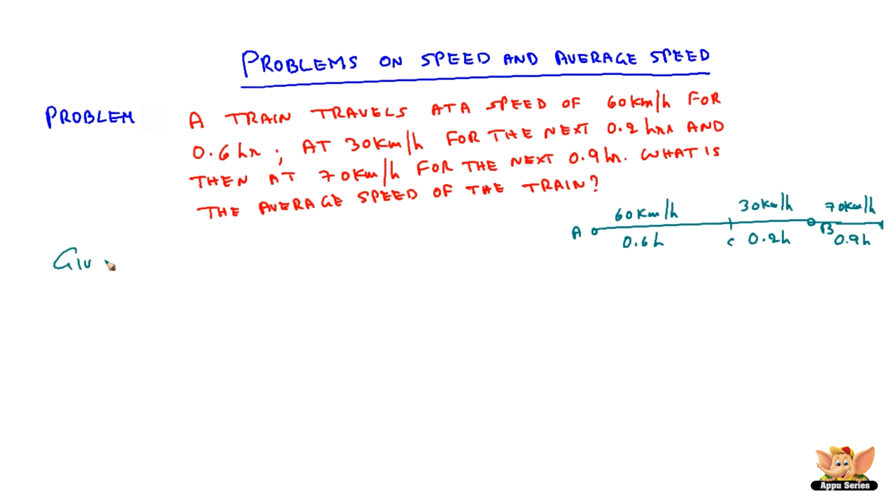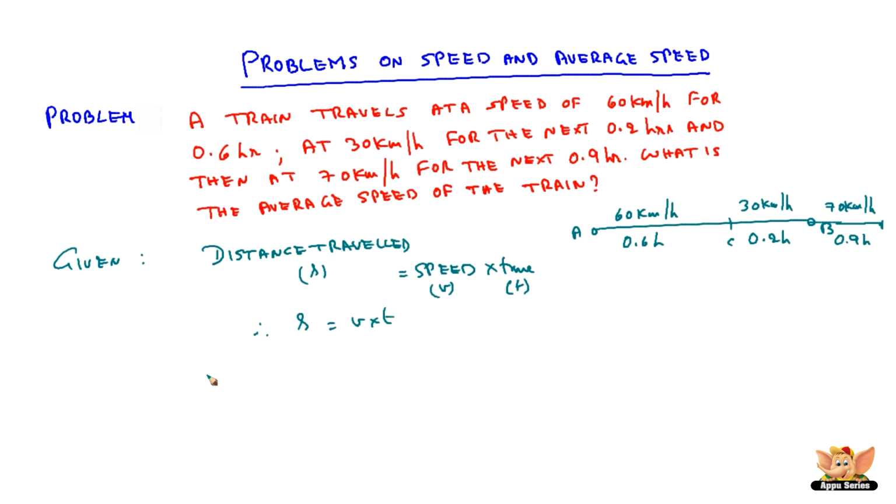Let's see what are the given parameters. We know the distance traveled is determined as S is equal to speed V into time T. Therefore, S is equal to V into T. Now in the first case, V is 60 km per hour and T is 0.6 hours.